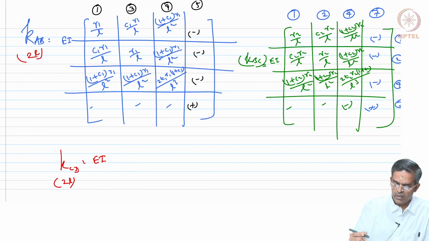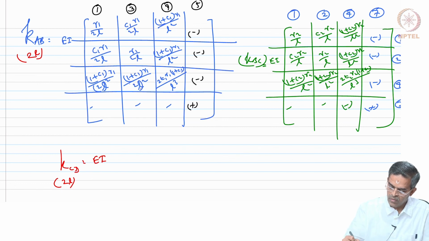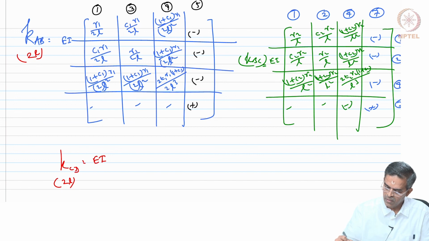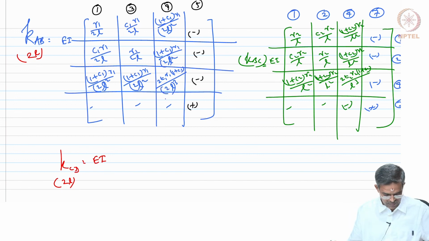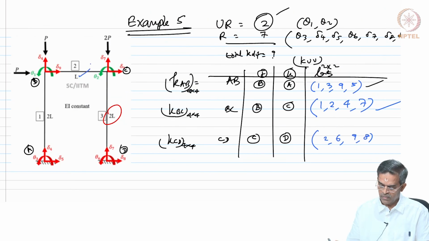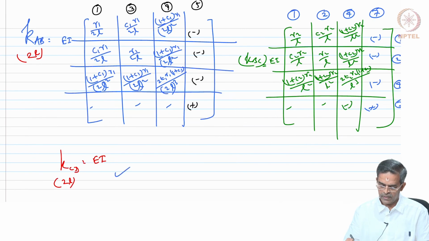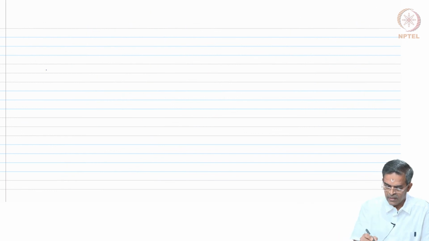So, we should, I think, write 2L, 2L, 2L the whole square. KBC is just only L, that is okay, and KCD we can enter this, I will do KCD in the next slide.